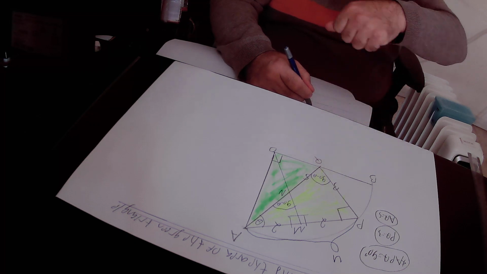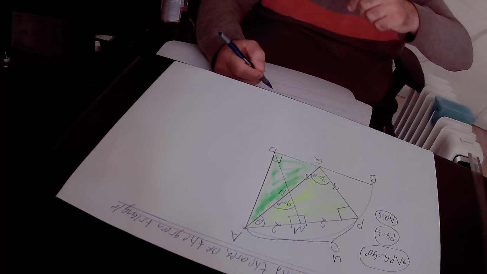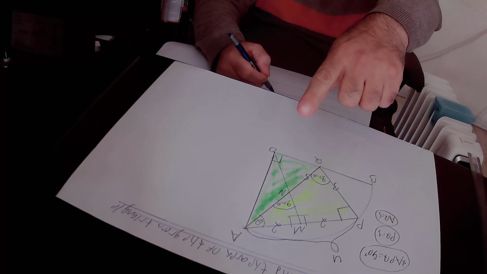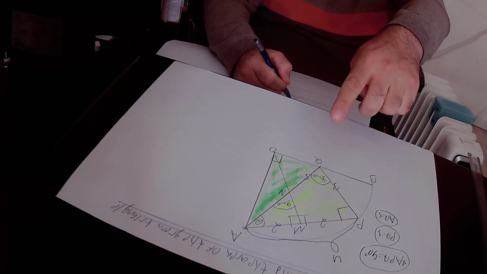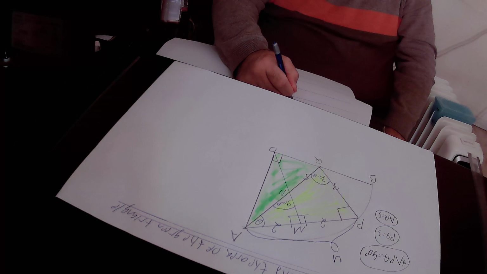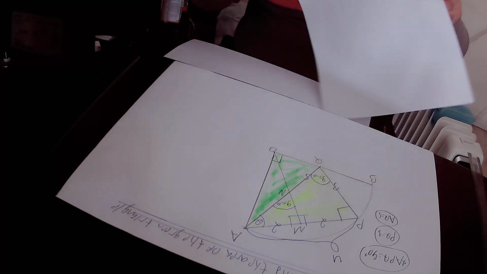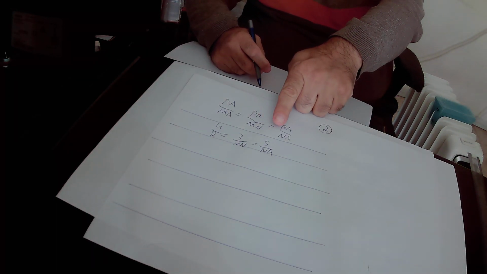MN is unknown, so we leave it as it is, and it is equal to QA, which equals 5 units according to what is given in the question, over NA, which is unknown, so we leave it as it is. So in conclusion, 4 over 2 equals 3 over MN equals 5 over AN.